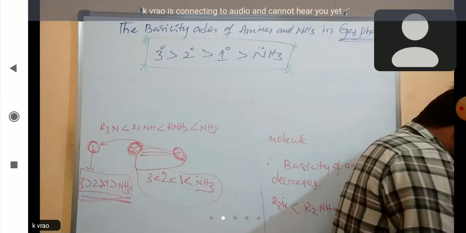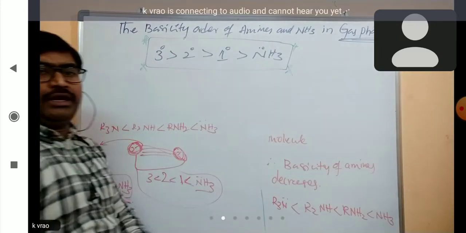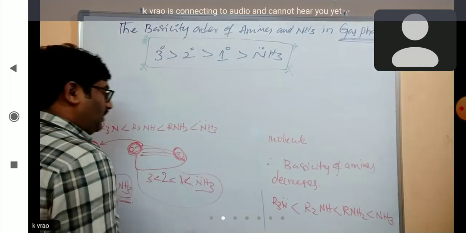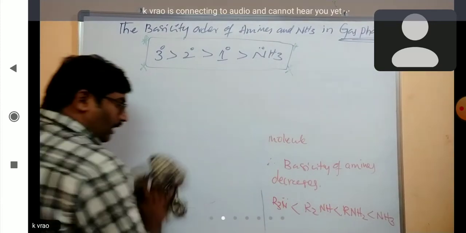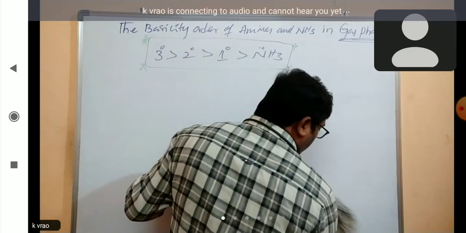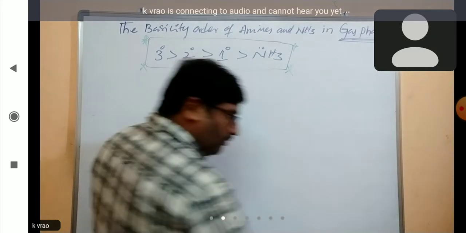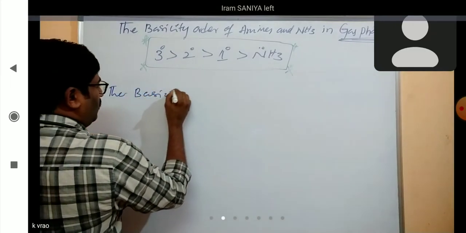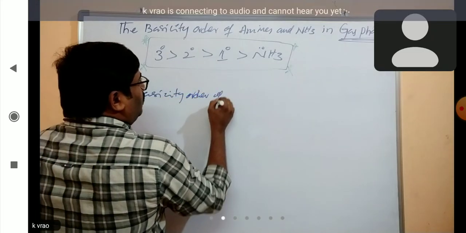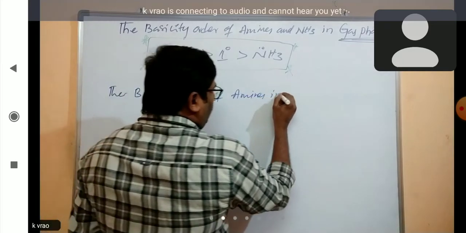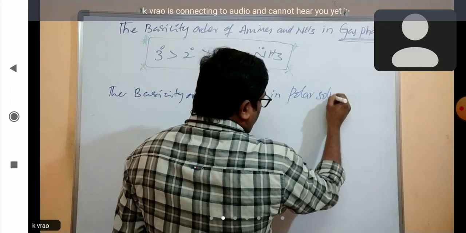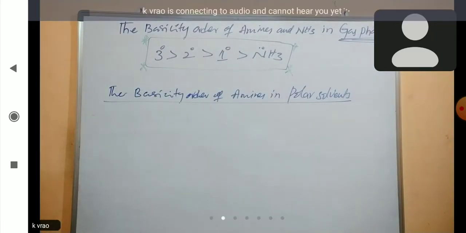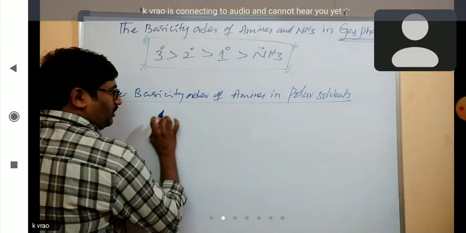If ammonia, primary amines, secondary amines and tertiary amines are present in polar solvents, and nitrogen is bonded with a smaller alkyl group like only methyl, see here, the basicity order of amines in polar solvent. This polar solvent can form hydrogen bonds.